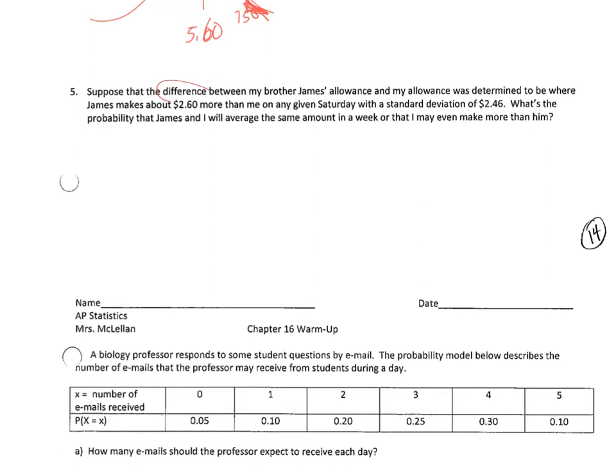What's the probability that I will make more than my brother James? So we start off. James makes $2.60 more than me. So on average, James minus Mary is $2.60. And the standard deviation for James minus Mary, it is told to me in this problem, is 246.